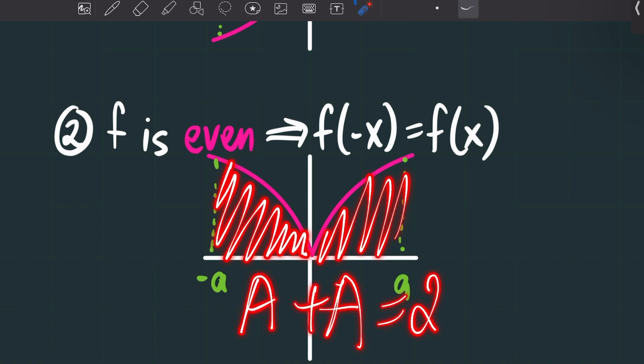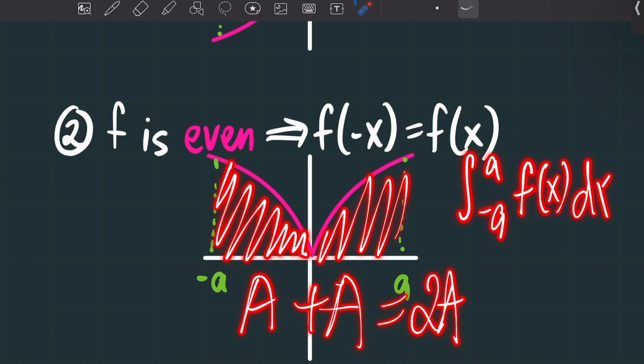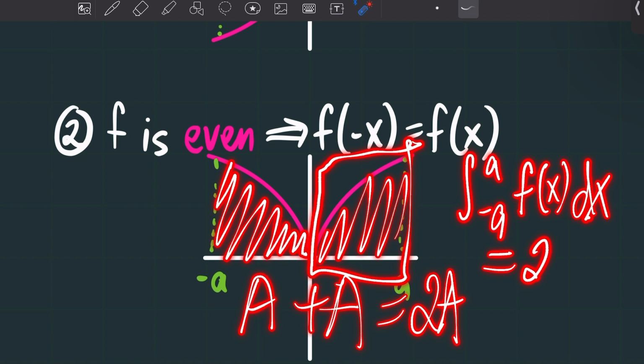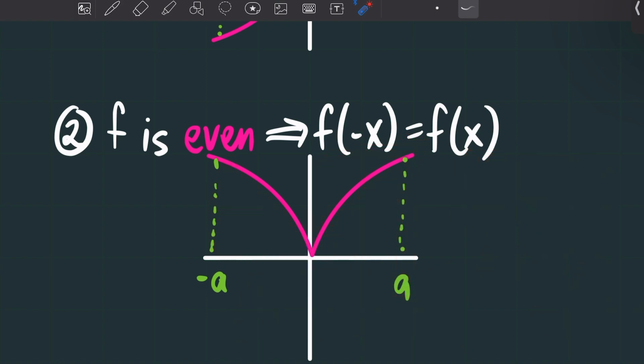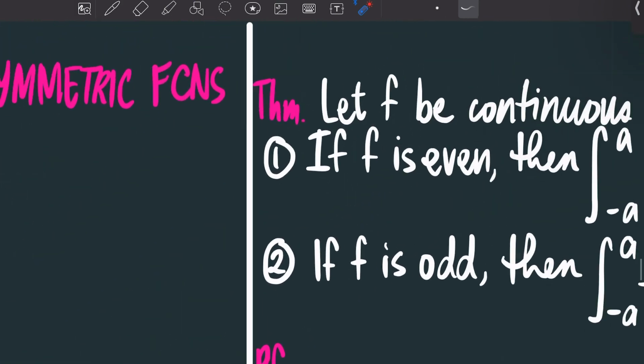A plus a equals 2a. So, integral of negative a to a of f of x dx could be expressed as this one, pero imumultiply mo lang by 2. So, that's integral of f of x dx from 0 to a. And that's our theorem here.